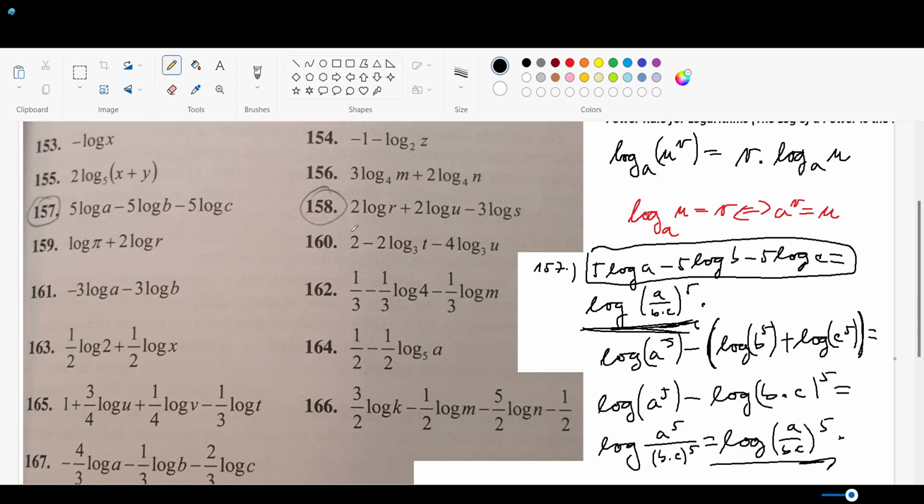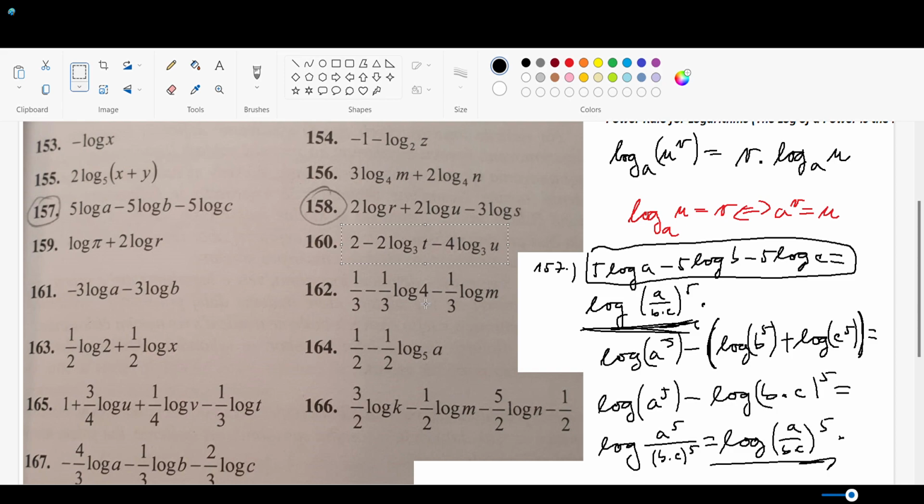And the same thing applies to exercise 155. More or less it's the same exercise. So I don't want to show you this one, but instead, maybe some of you would ask yourself how to solve, for example, this one when there is number 2.